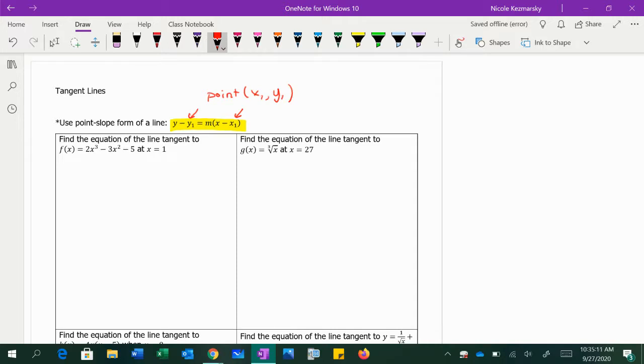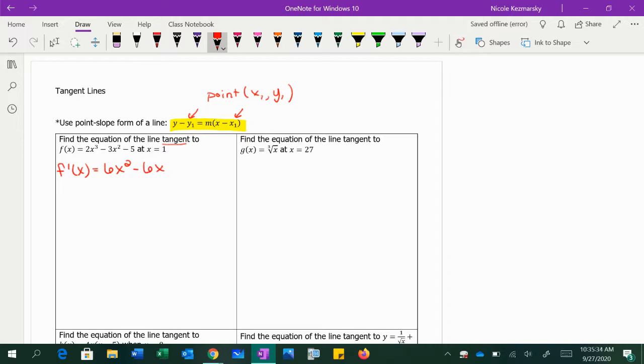All right, so we want to find the equation of a tangent line to f of x at x equals 1. So tangent is another buzzword. Tangent means derivative. Take the derivative. So I'm going to find f prime of x, which is going to be 6x squared minus 6x plus 0.